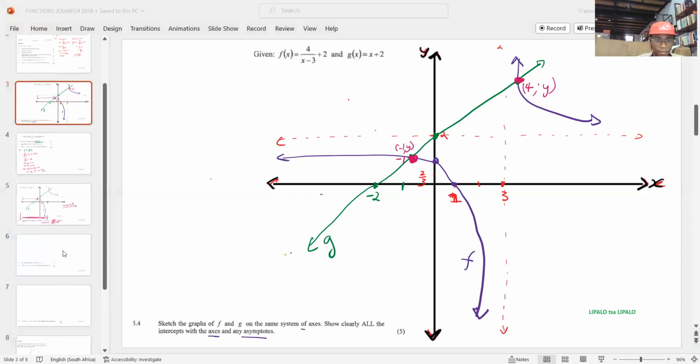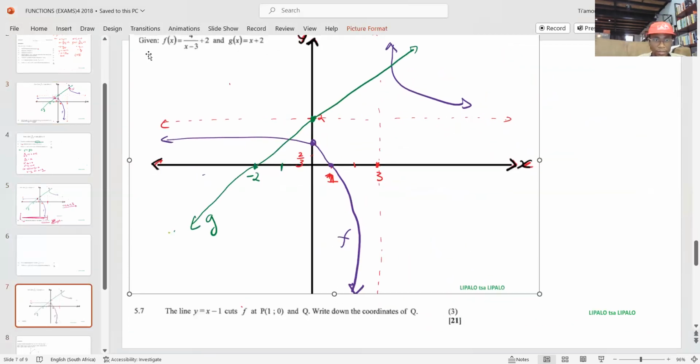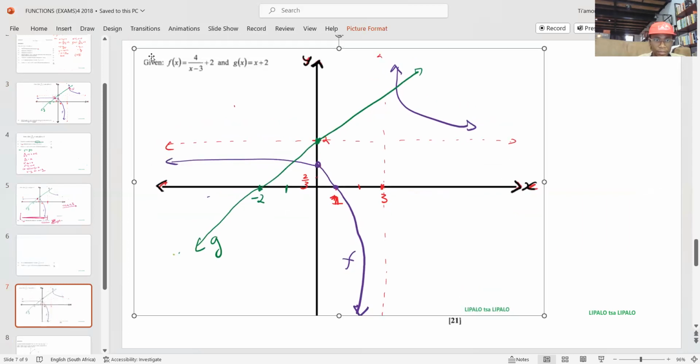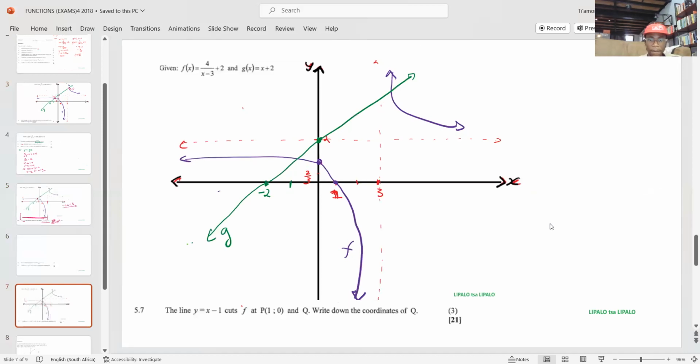This is saying if the line y equals x minus 1 cuts f at this point, P, and Q, what are the coordinates of Q? So we know that if this graph cuts f, there's a point of intersection.